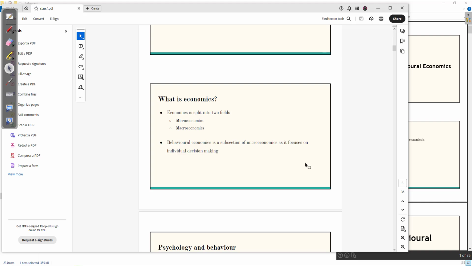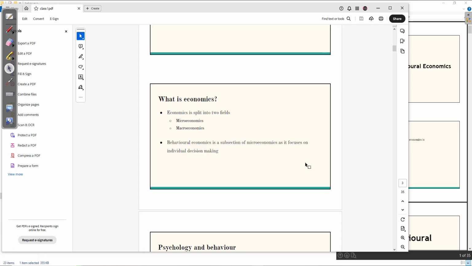Now, the study of economics is divided into two parts, microeconomics and macroeconomics, two major areas. Microeconomics is the study of the individual level of an economy, like a seller, a buyer. Individual level, small level.